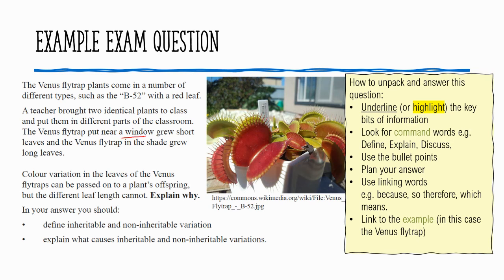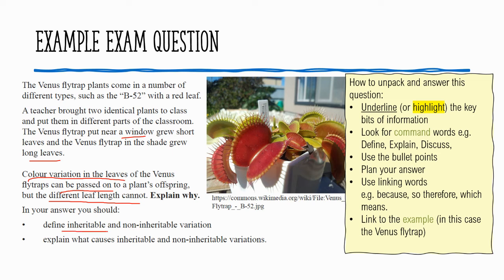One near a window grew short leaves, and the one in the shade grew long leaves. The colour variation in the leaves can be passed on. That's our clue that if it can be passed on, then it's in the genes. But the different leaf length cannot be passed on, so the different leaf length was due to the environment.